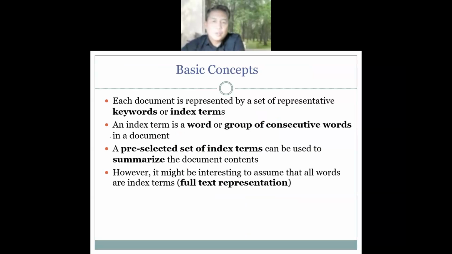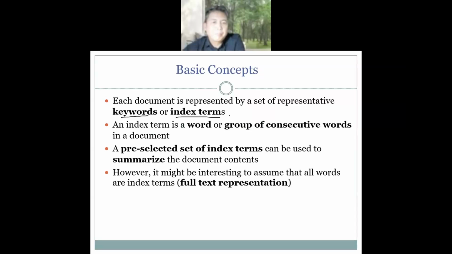Okay. So these are some of the basic concepts that you need to know. For each document, we will have a set of representative keywords or index terms. Okay, so for each document we will have keywords that represent the content of the document.